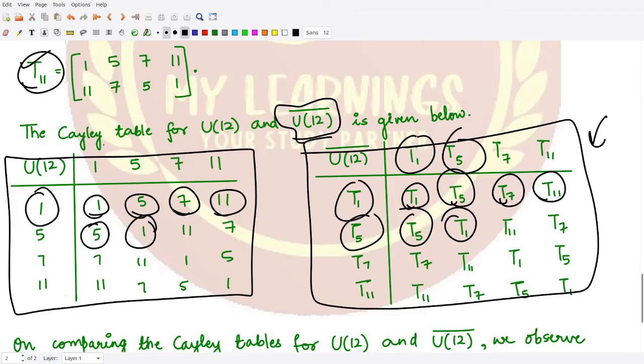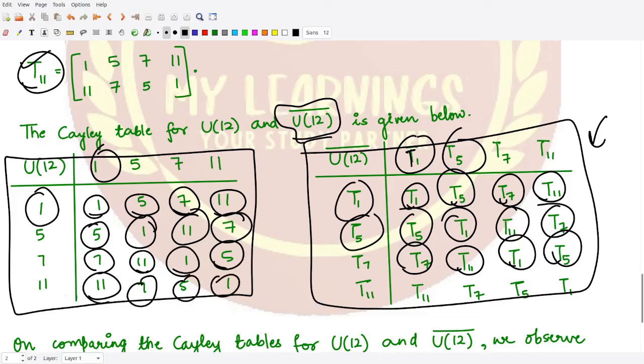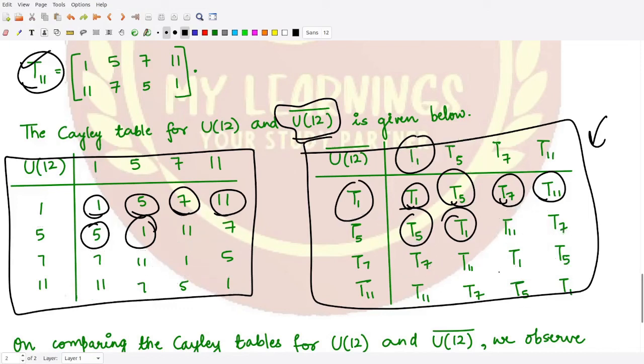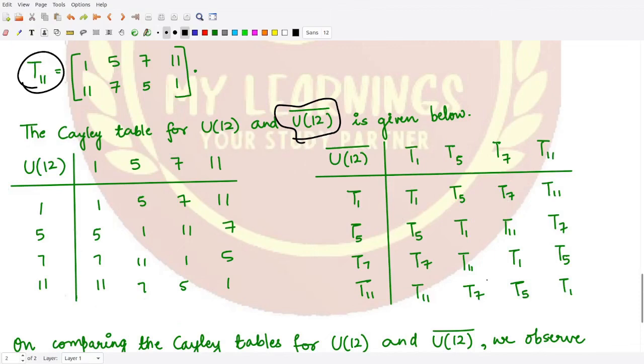In the other case they are permutations, and we are simply multiplying them. Next 11 T11, 7 T7, 7 T7, then 11 T11, 1 T1, 5 T5, then 11, 7, 5, 1, and T11, T7, T5, T1. So you can see that these elements are similar to each other, but the notation is different.